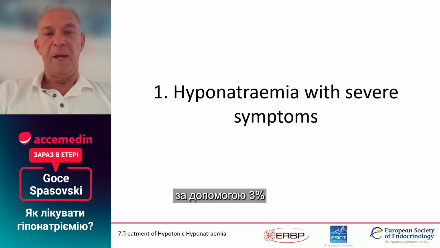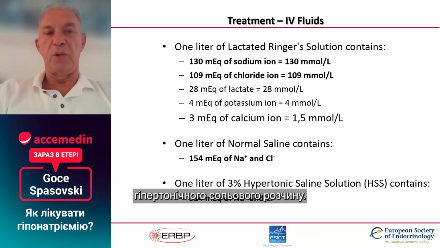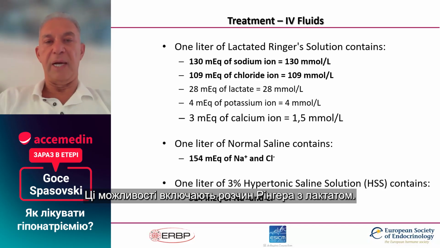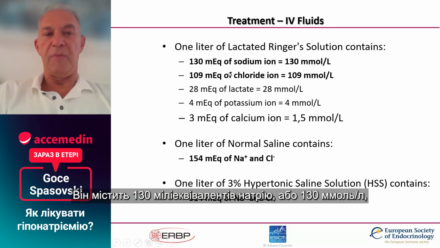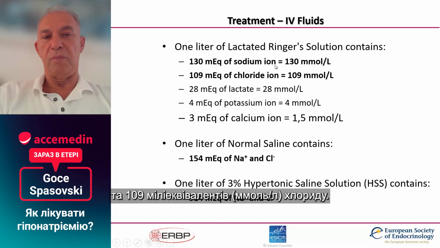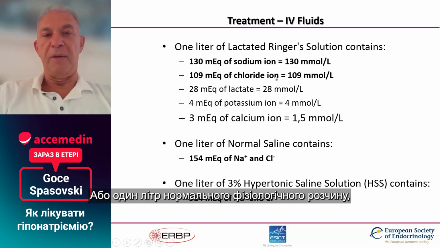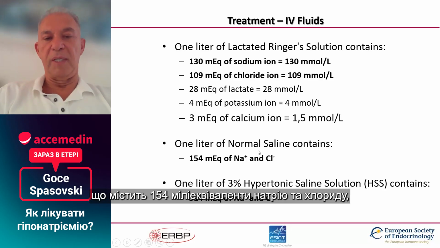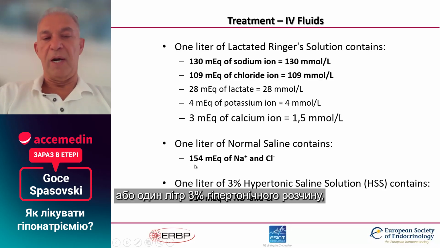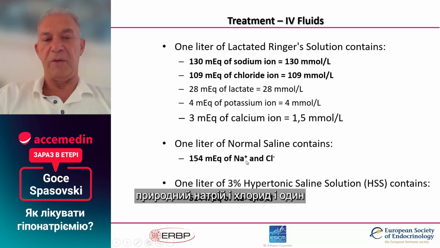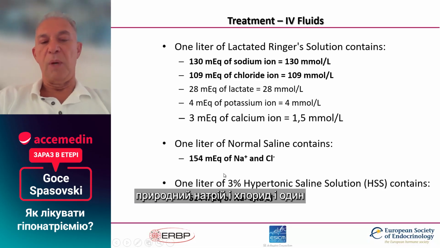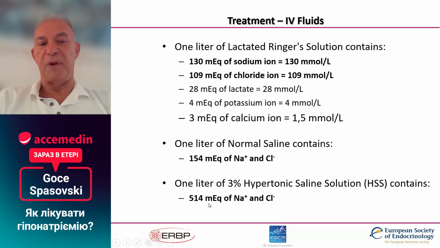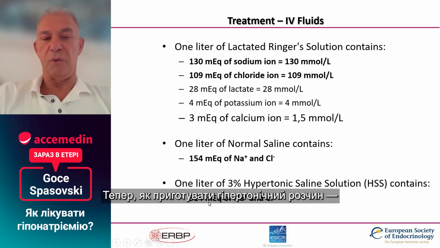With severe SIADH, we should treat it with these possibilities: lactated Ringer's solution, which has 130 milliequivalents of sodium, or 130 millimoles per liter, and chloride 109, or 1 liter of normal saline, which contains 154 milliequivalents of sodium and chloride, and 1 liter of 3% hypertonic saline solution that contains 540 milliequivalents of sodium and chloride.